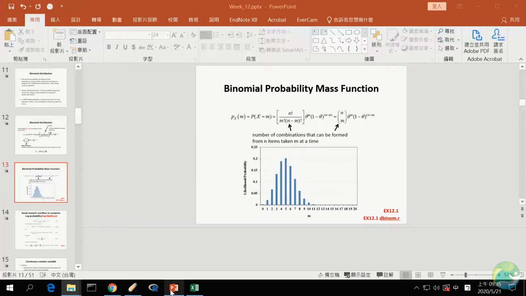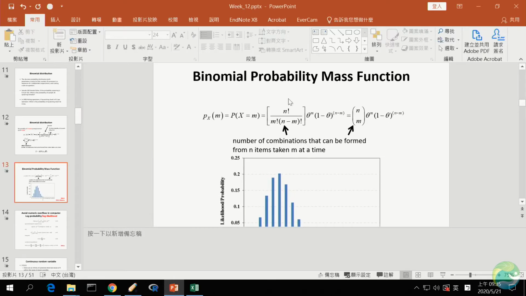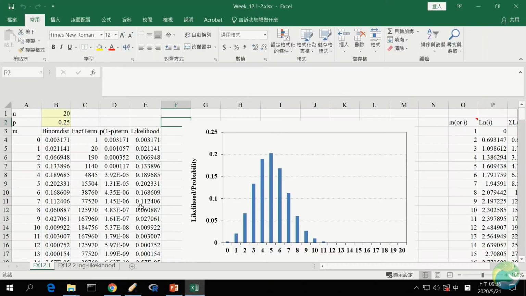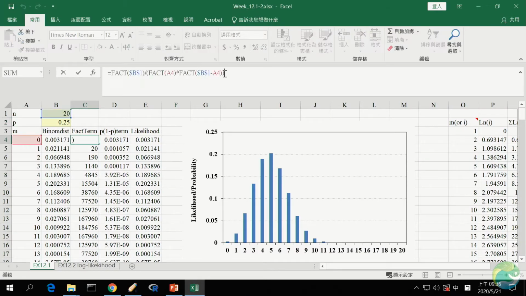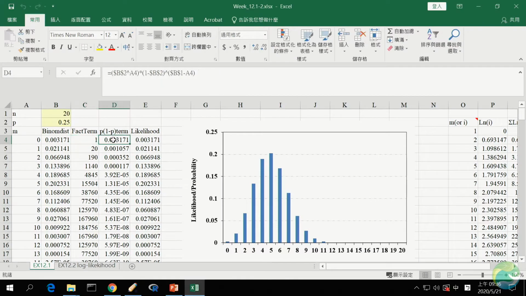As I told you, the binomial distribution PMF can be expressed in this formula, right? So we are going to spell out this factorial term. Here is the factorial term, and here is the probability term, the number of successes and number of failures.